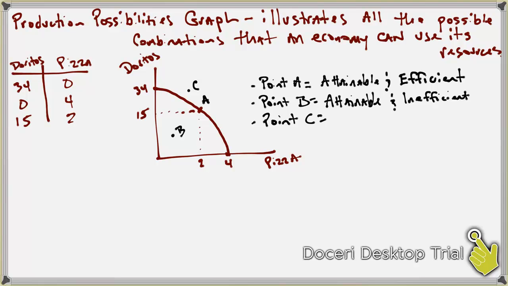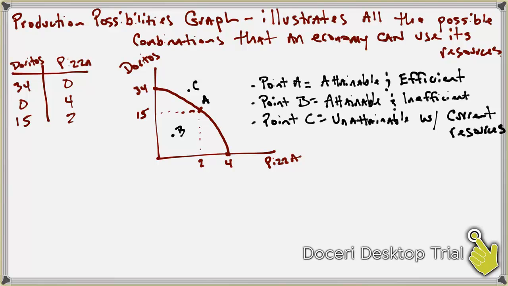So we'll put that it's unattainable with current resources. So I think that's important for us to know. Any point outside of our curve, we can't produce at that point with what we currently have. Any point inside is not being efficient, and any point on our curve is efficient.